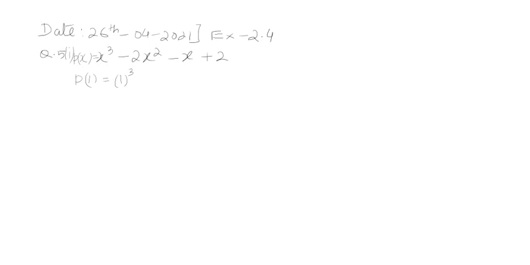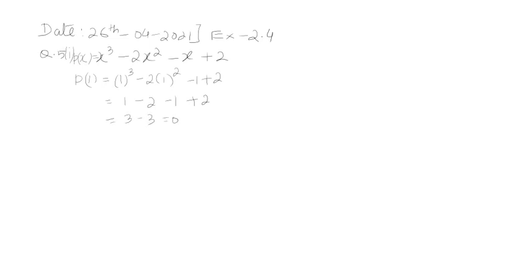So what I'm going to do is replace this x with 1 and see what value we get. So 1 cube is 1, 1 square is 1 into minus 2 is minus 2, then minus 1 is already there and plus 2. So you can see this is 3 minus 3 which is 0.